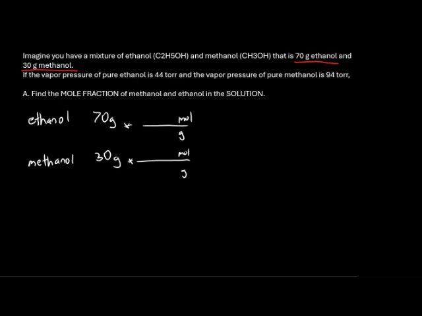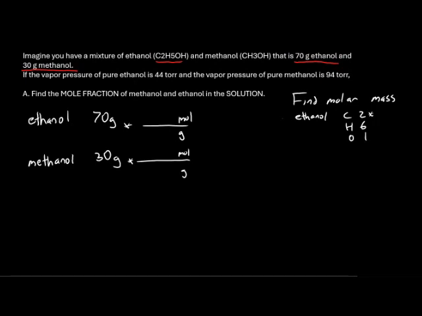However, in order to do that, we'll need to compute the molar masses. We are given above that the formula for ethanol is C2H5OH. We'll write down how many carbons, hydrogens, and oxygens we have. There are 2 carbons, 6 hydrogens, and 1 oxygen.